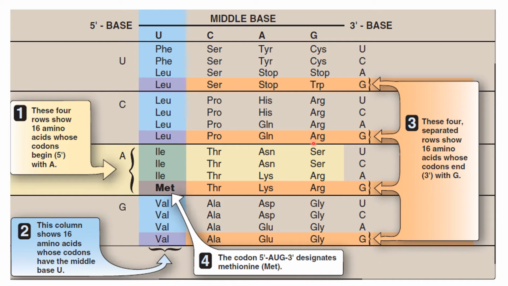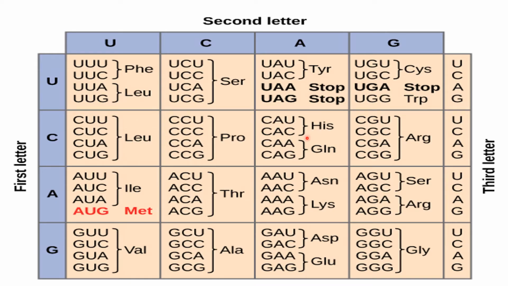And 3 are the stop codons. These 3 are the stop codons, here the stop codons UAA, UAG, and UGA, while AUG is the initiation codon or the start codon.